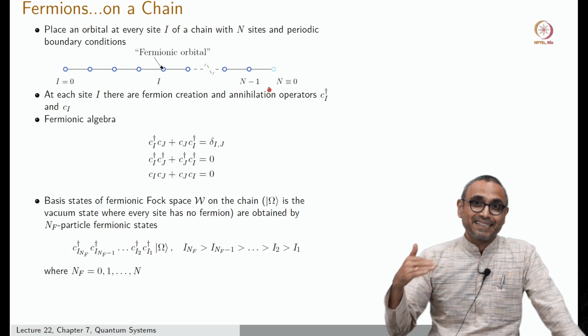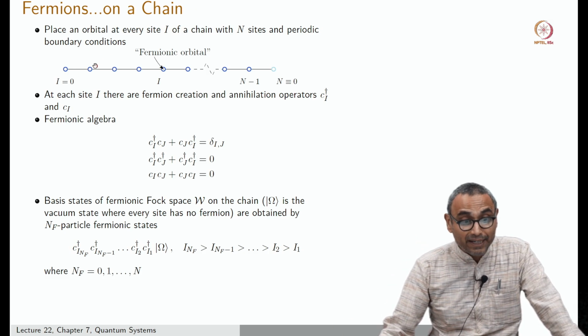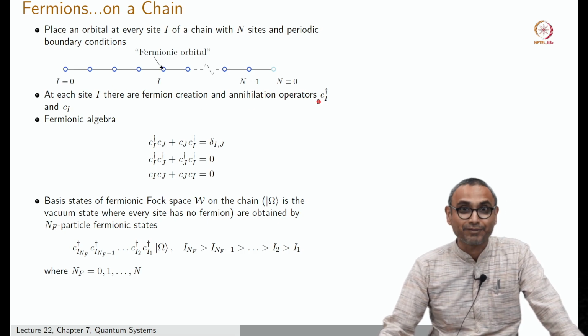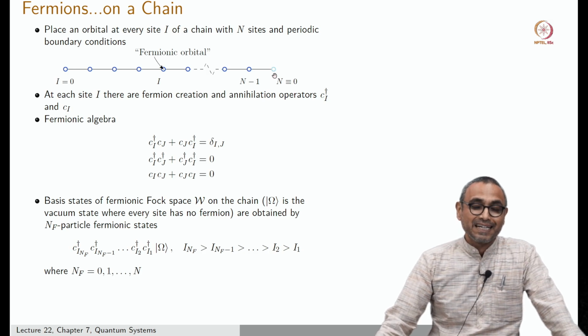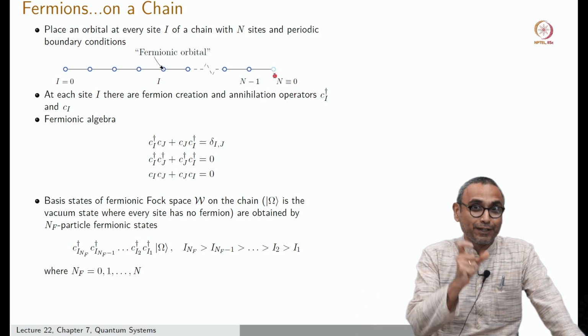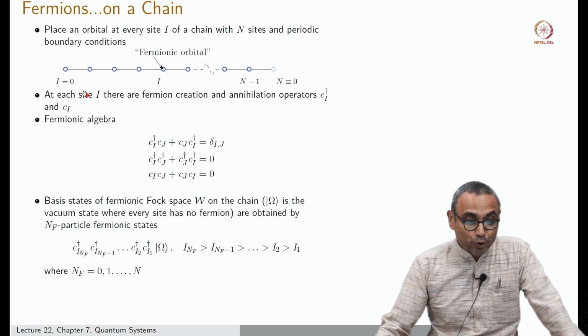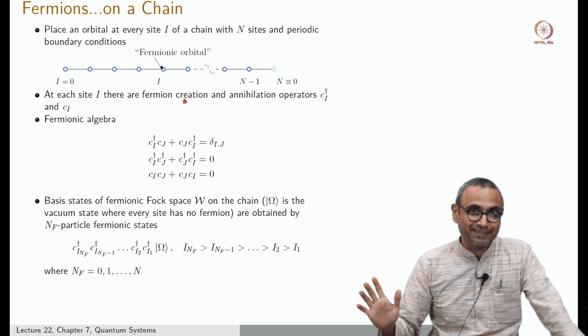Then I can have another state where there is one fermion in the full system, and that one fermion can be on any one of these sites. Next, I can have two fermions. If I have two fermions, I have to choose which two sites they are going to be in, and I have to create them in a certain fashion.